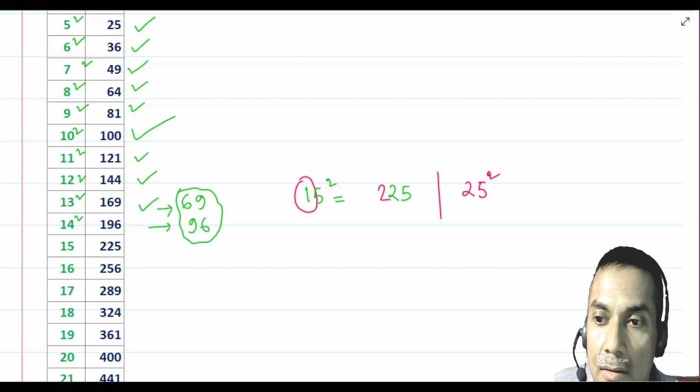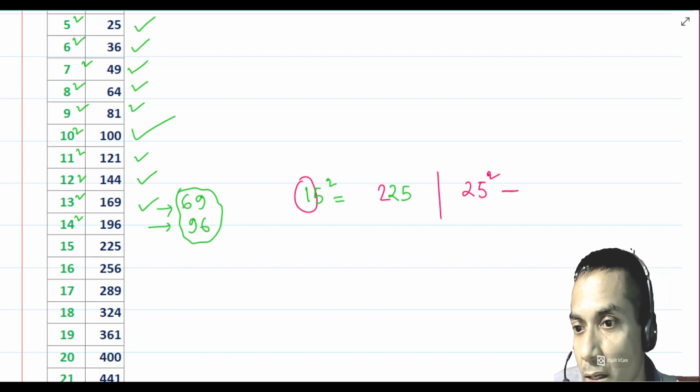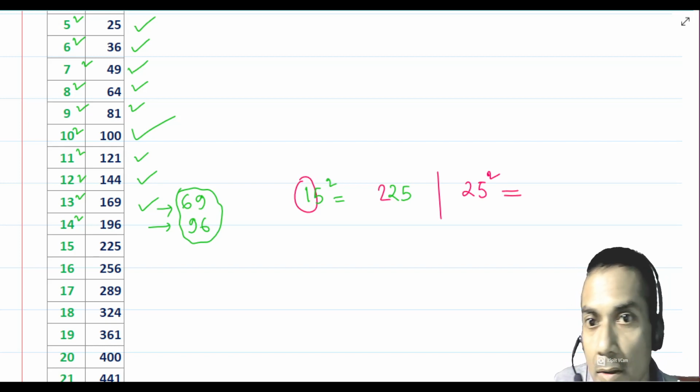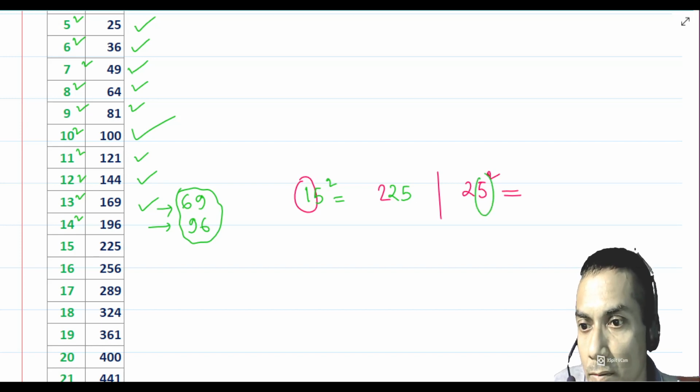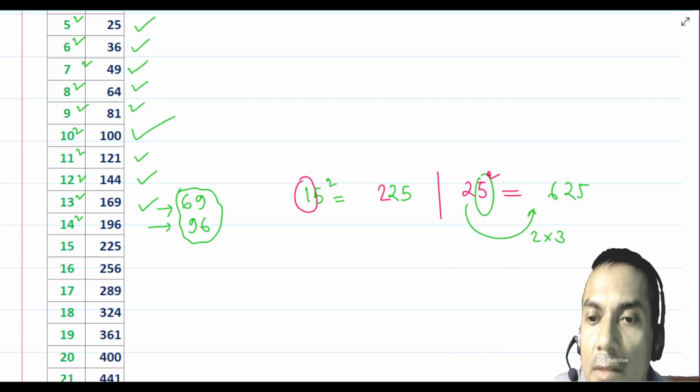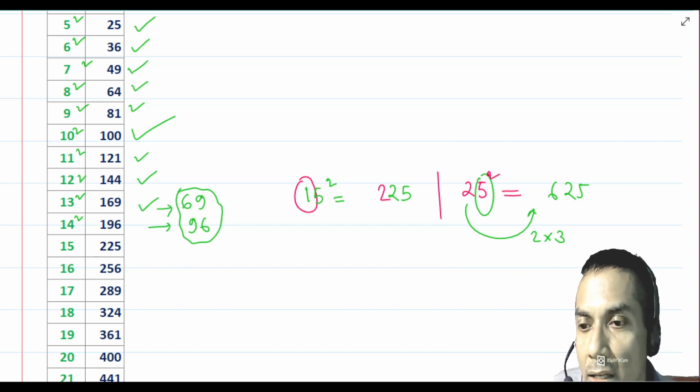Another example, 25 square. What will be the value? Again you write 5, this 5, 25, and here 2 into 3, 625. Clear? This is the shortcut for any value, 2 digit, 3 digit.